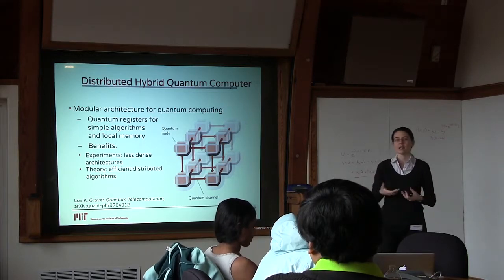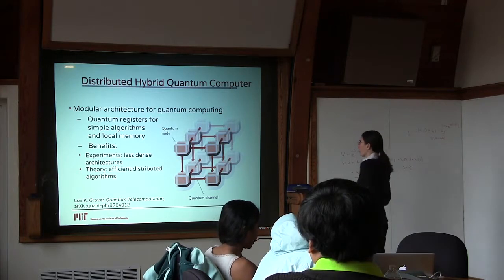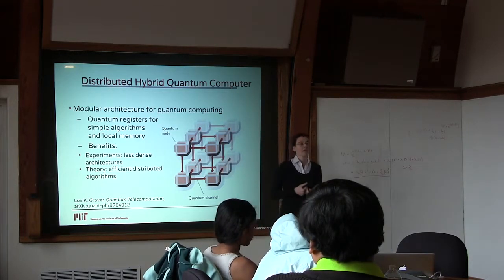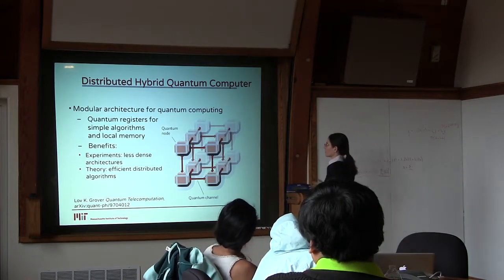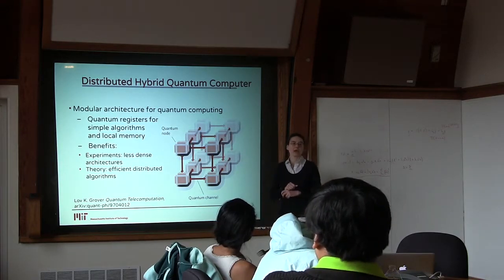And if you have a very dense architecture, it becomes more and more difficult. For example, if you think in terms of bringing control lines to each one of the nodes, then it becomes a tangle of wires. So having something which allows you to have distributed units might be beneficial.